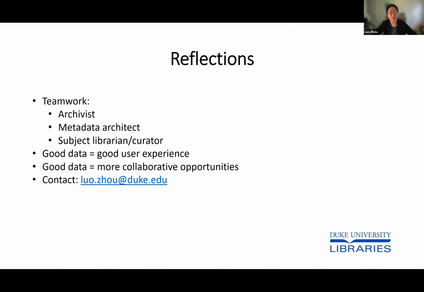For example, we may not be consistent in the way we do our finding aids, so we want to be consistent in our metadata in the digital collection, where we add certain fields that we didn't do for the finding aids. This has been my experience for the past more than 10 years.